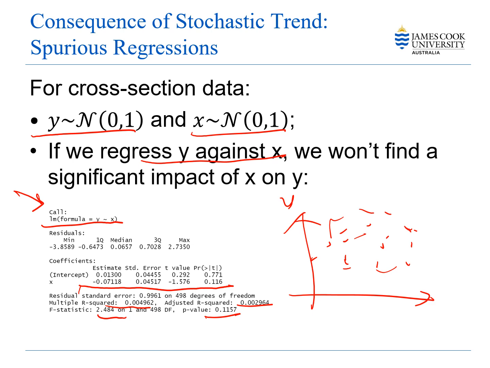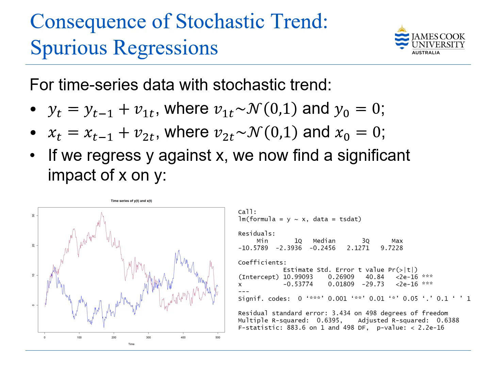What about time series data? Okay, let's generate two time series with stochastic trends. So the first series is Y_t equals Y_{t-1} plus v_{1t}. v_{1t} is i.i.d., standard normally distributed, and the initial value, let's start with 0.